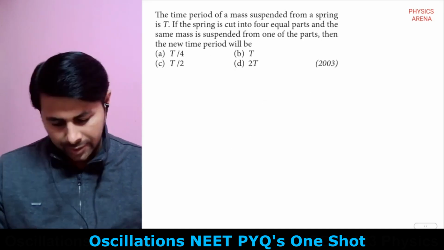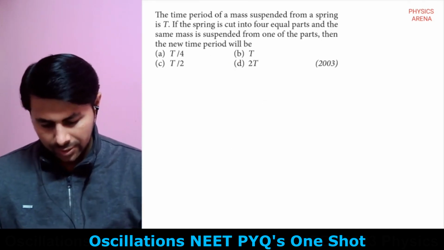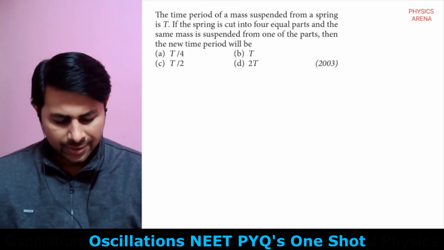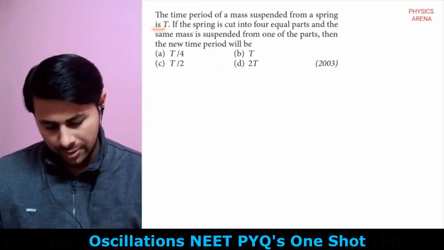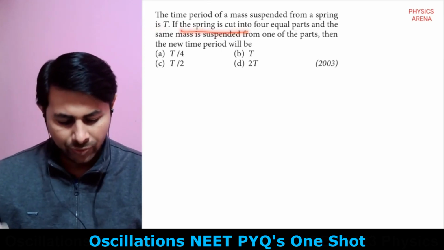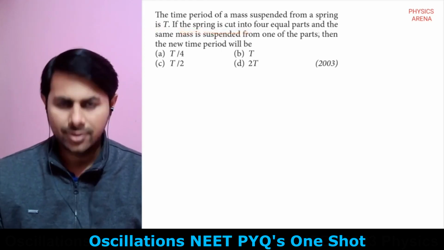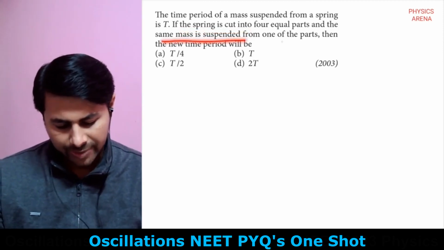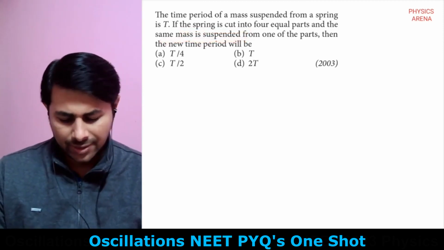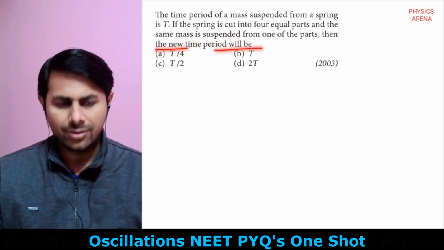Option D. Next question. The time period of a mass suspended from a spring is T. If the spring is cut into 4 equal parts, okay, it is cut in 4 equal parts and the same mass is suspended from one of the parts, then the new time period will be. Tell me.